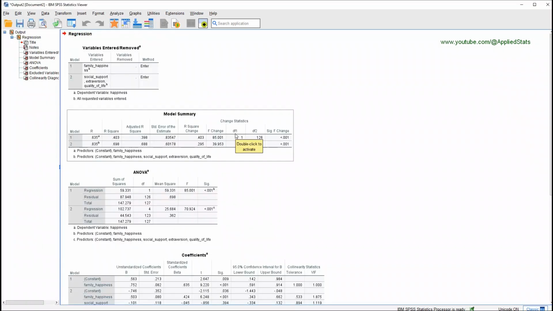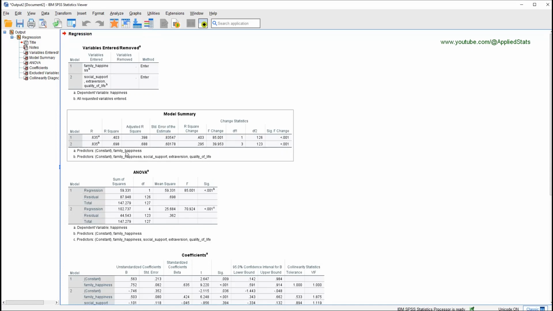This table is presenting the results of 2 regression analyses. The first one, so happiness is your outcome and family happiness is your predictor. So this is your first block, your first regression here. And the second one includes family happiness, social support, extroversion, and quality of life.